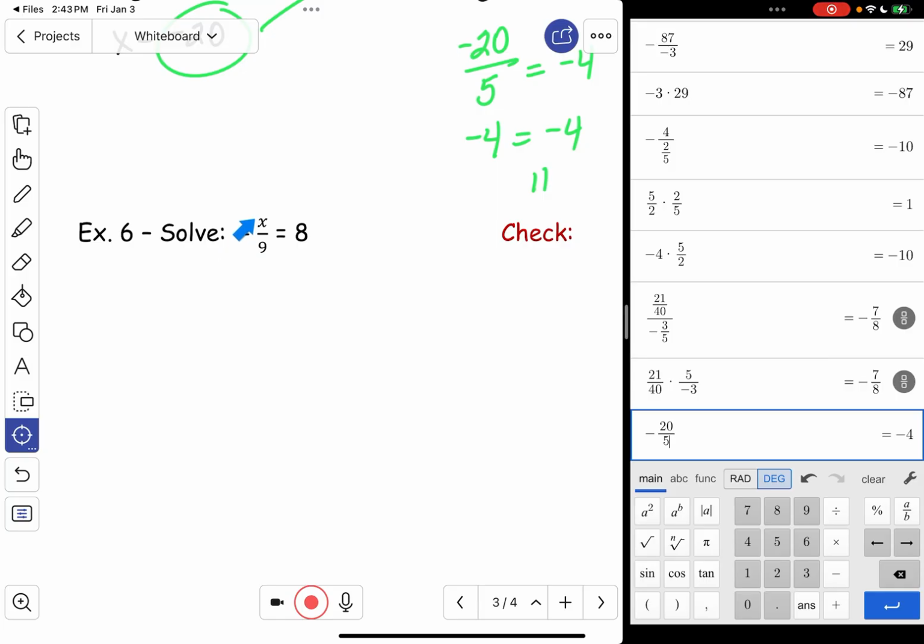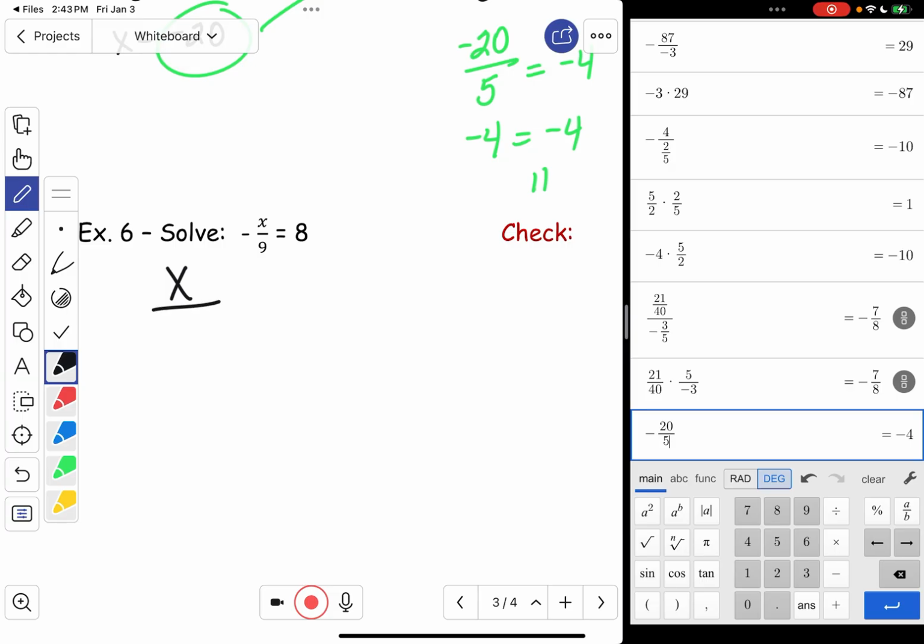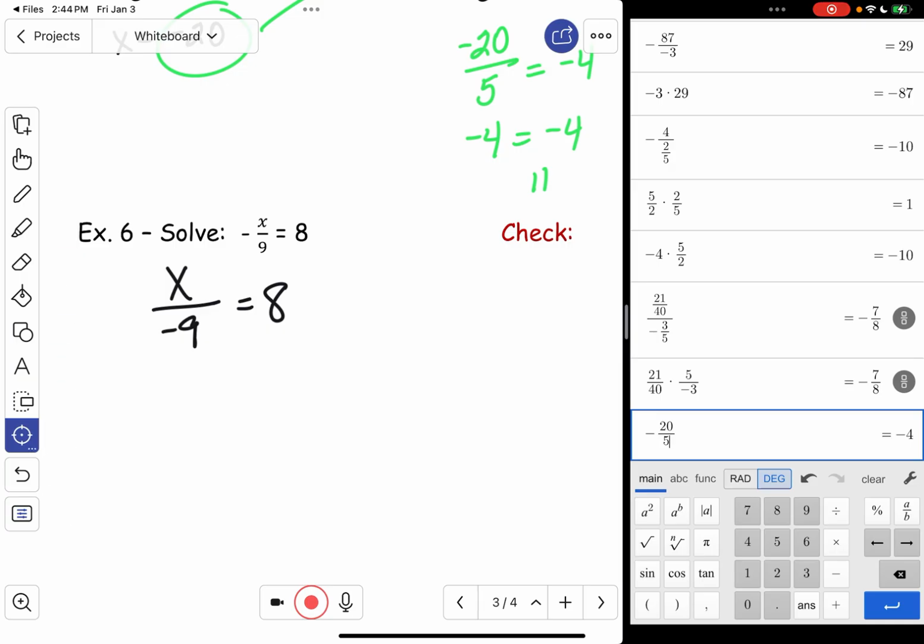Now, a lot of teachers will tell you to bring it up, but it actually saves you a step if we bring it down. So we're going to rewrite this equation as x divided by -9 is equal to 8. So what is the inverse operation of dividing by -9?